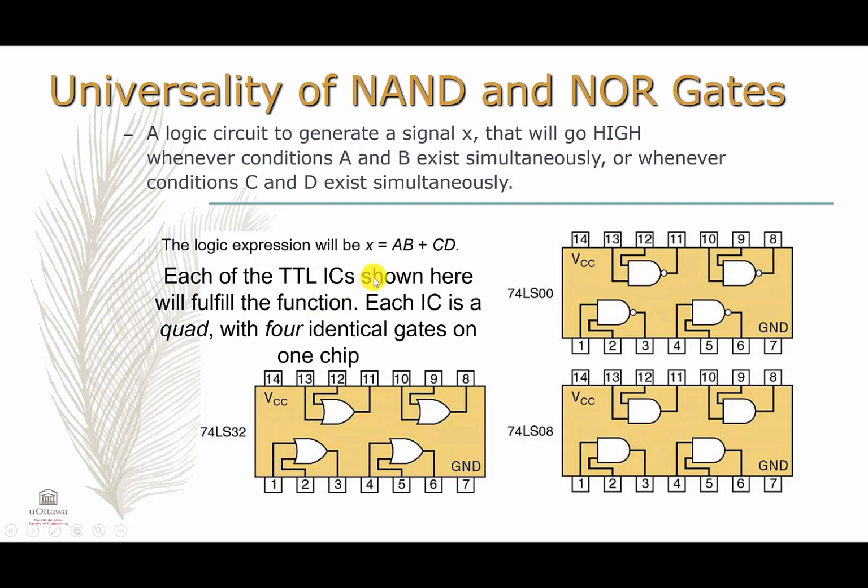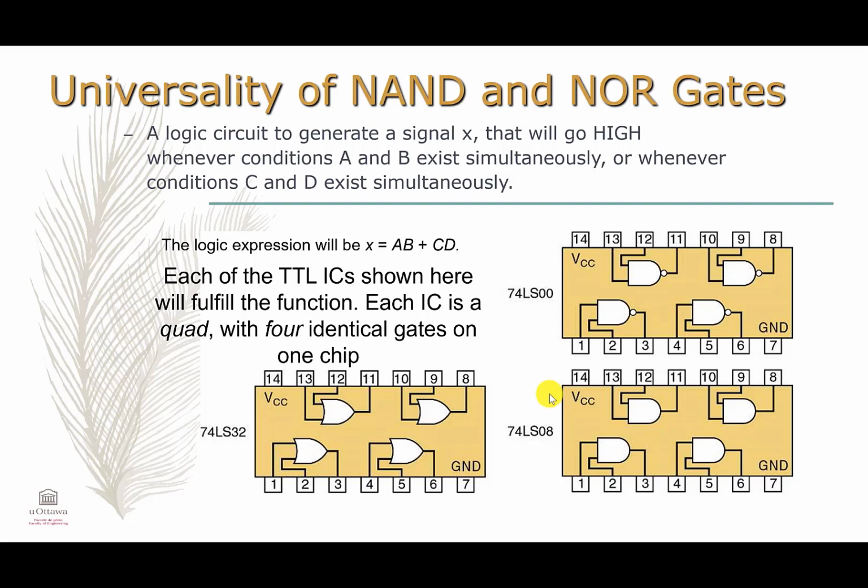These ICs have the component numbers 74LS32, that is for OR gates, 74LS00, that's for NAND gates, and 74LS08, that's for AND gates.